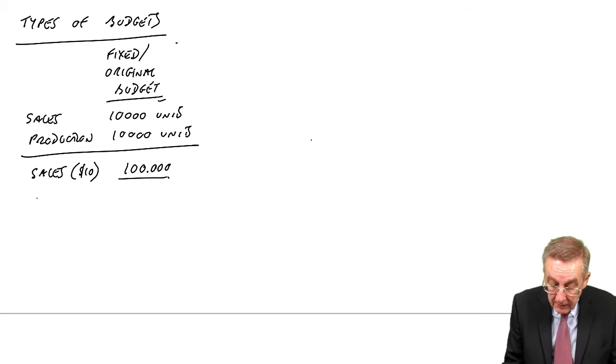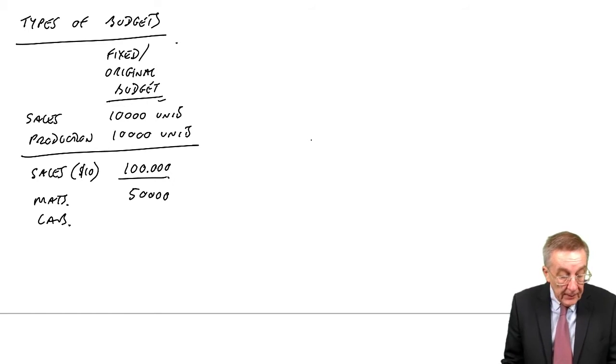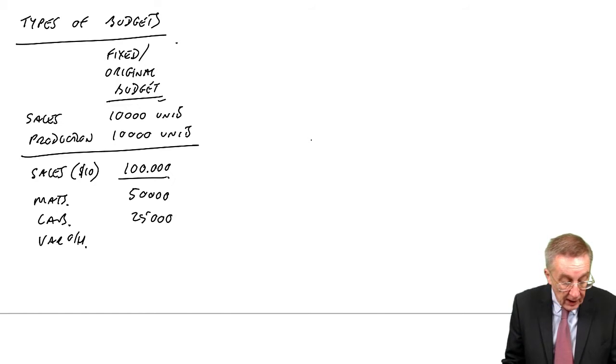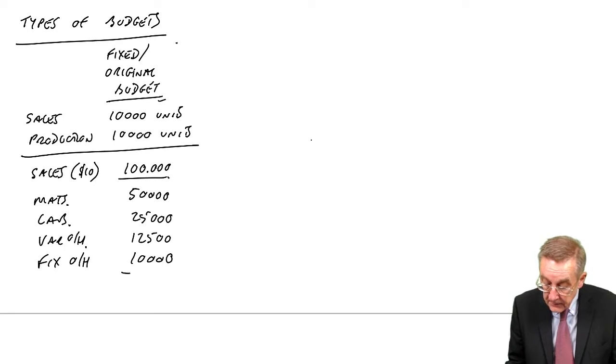Well, we're told directly the materials, a cost of 50,000. Labour, the budget cost was 25,000. Variable overheads, a budget cost of 12,500. And finally, fixed overheads, a budget cost of 10,000.